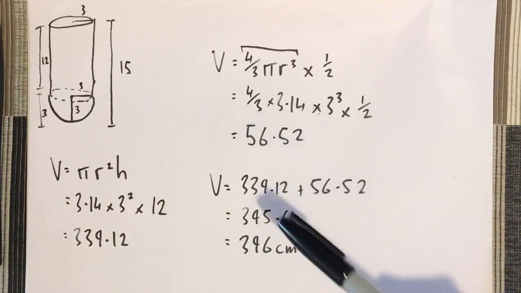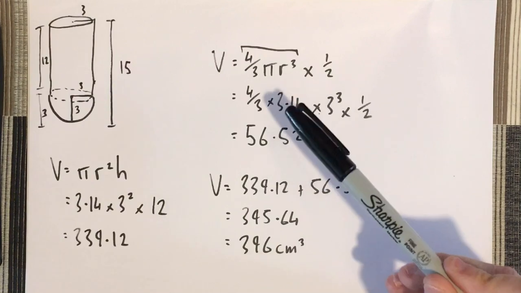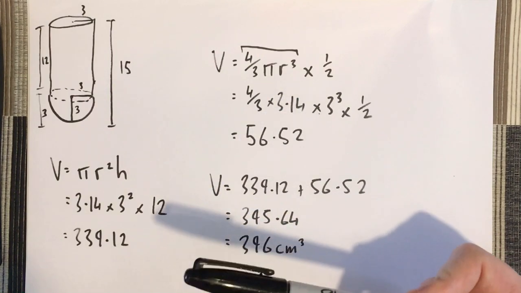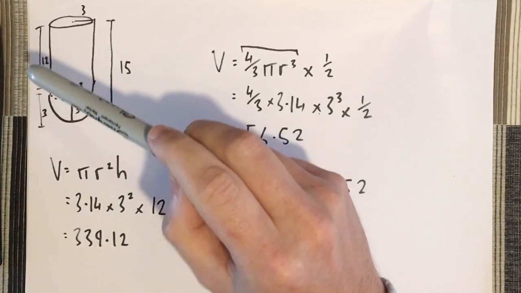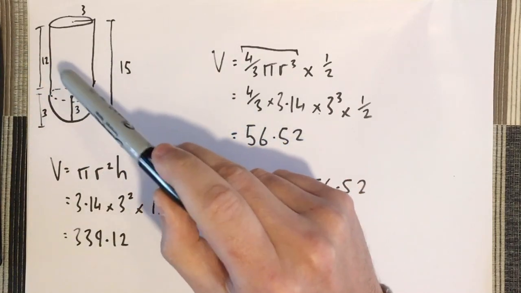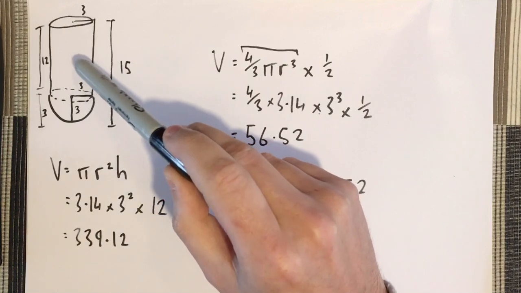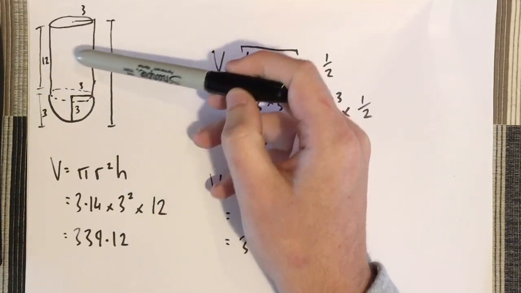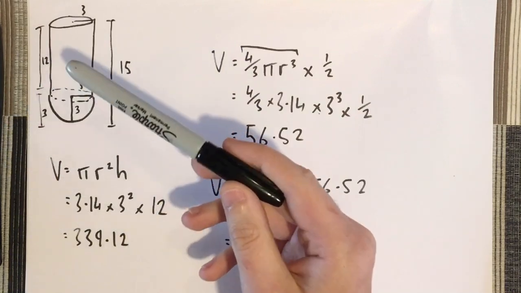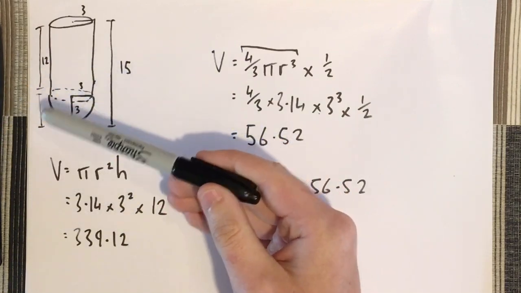The other thing to say is they haven't asked us for the surface area here. I could be asked for the surface area of this shape. If I was, there's a formula in the log tables for the curved surface area of a cylinder. So that would get me the curved surface area of the cylinder. There is a formula in the log tables for the curved surface area of a sphere.